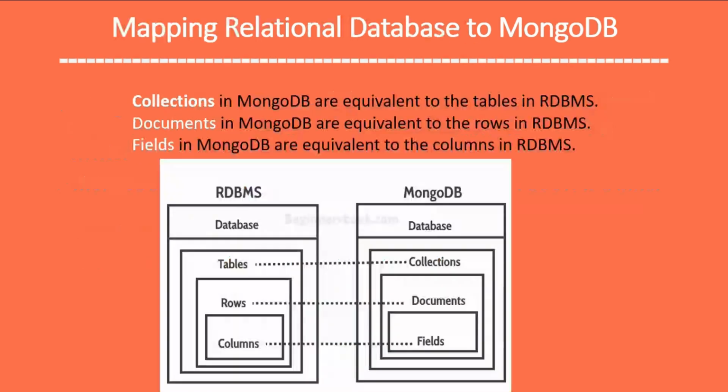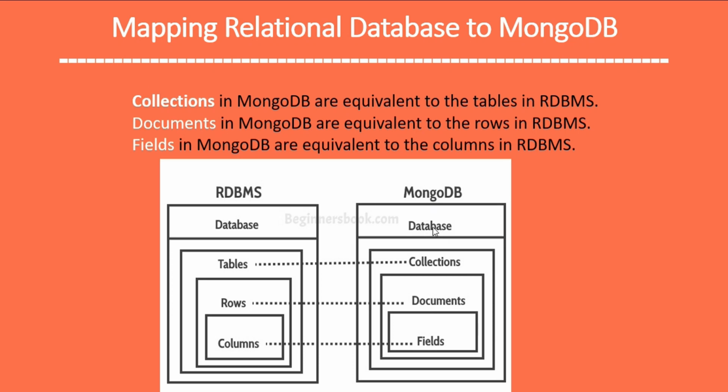Alright, so look at the diagram here, how the RDBMS can be mapped to MongoDB. The RDBMS has components like database, tables, rows and columns, and MongoDB has components like database, collections, documents and fields.